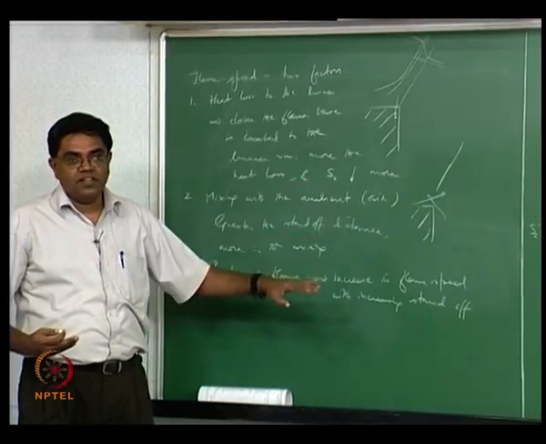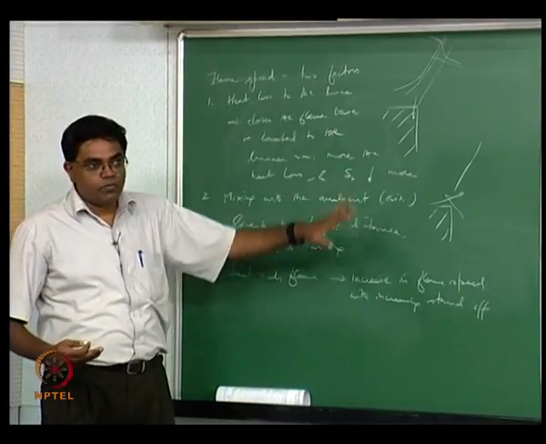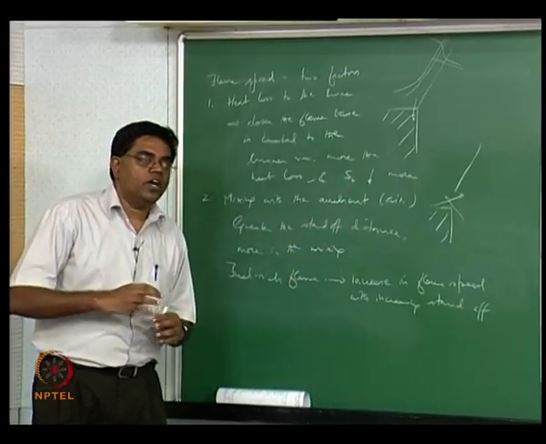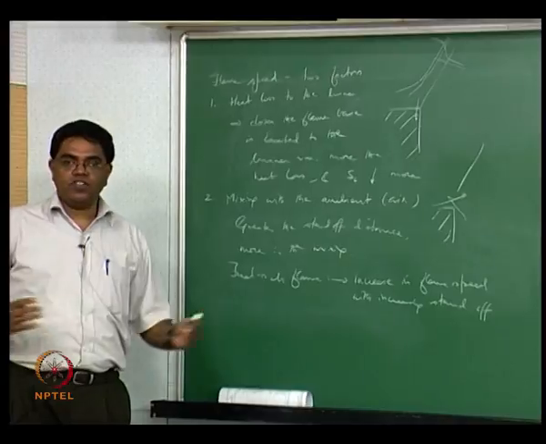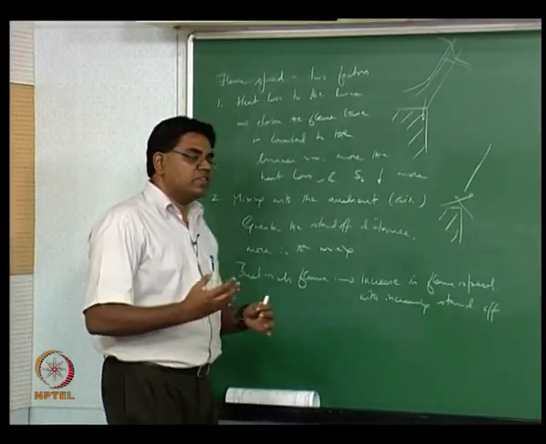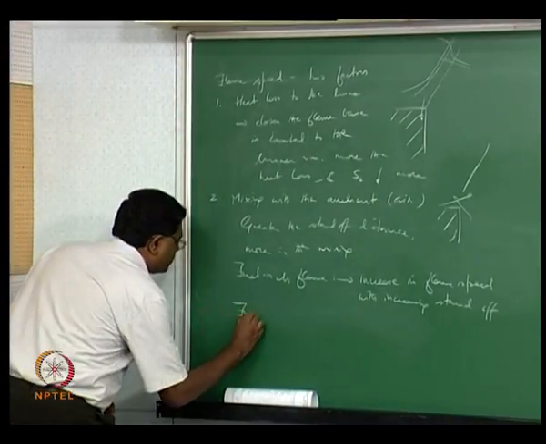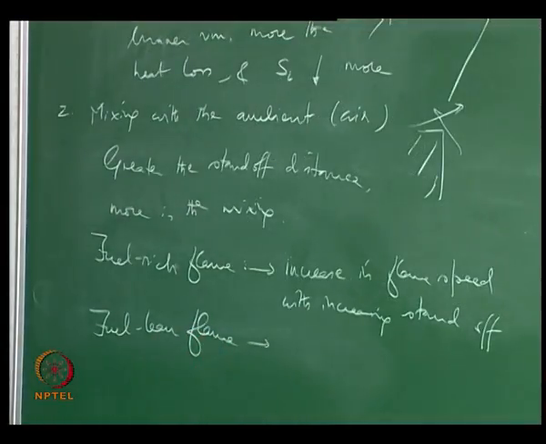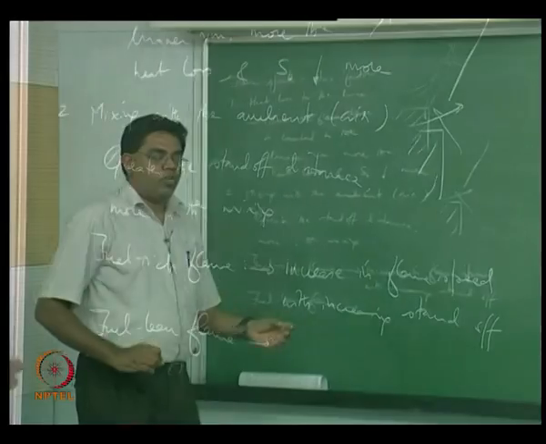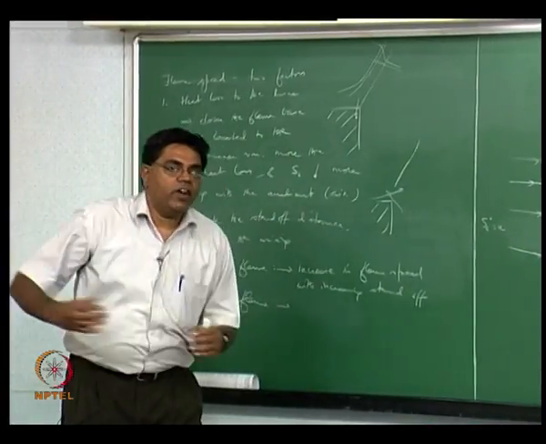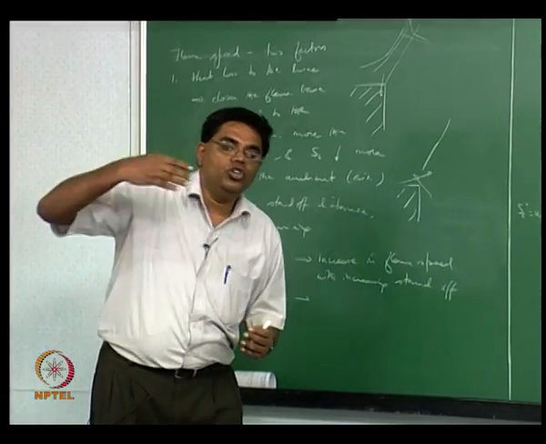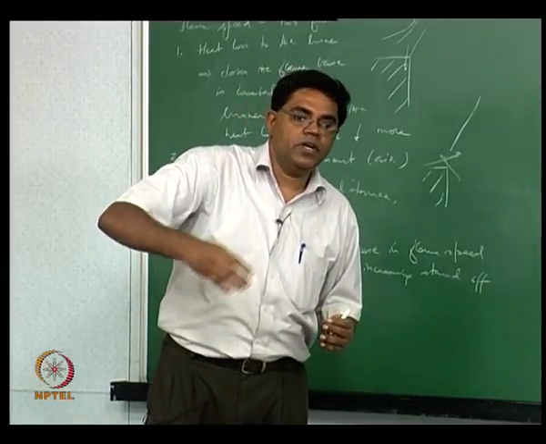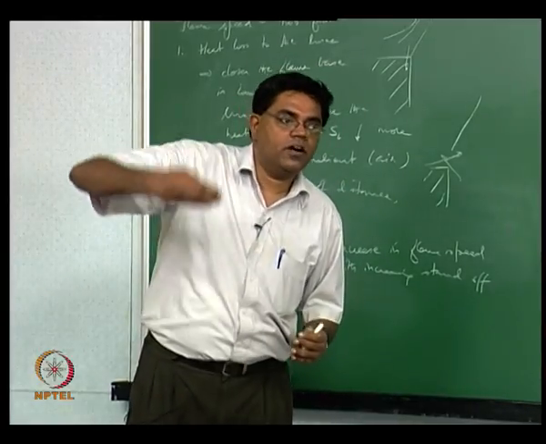So in this case, this is a little bit more complicated, and we will talk about this later on. What's important for us is to look at a competing effect, that means an opposing effect, right, and that is presented in the case of a fuel lean flame. So in the case of a fuel lean flame, you're already fuel lean, and a greater mixing with the ambient is going to dilute the flame further and further, right, and that means the flame speed is going to decrease as the flame standoff distance increases.